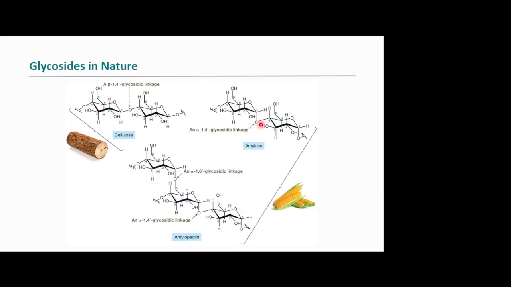So this is your main chain. It's going to have an alpha 1,4 glycosidic linkage. Notice again, opposite sides of that carbon, right? And over here, we again still have the alpha 1,4 glycosidic linkage on our main chain, but then our branches come off as alpha 1,6 glycosidic linkages. And that's that 6th one right there. This one's the 1 alpha.